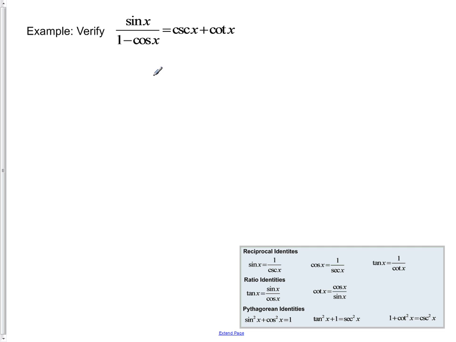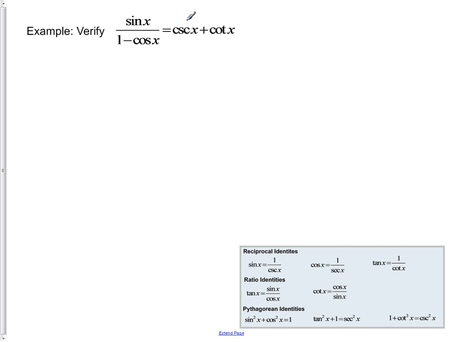Well, there are all kinds of steps that we could take, and we like to use trigonometric identities when and where we can. However, I would like to point out that sometimes we may not recognize what to do right away. We've got a mixture of sines and cosines.